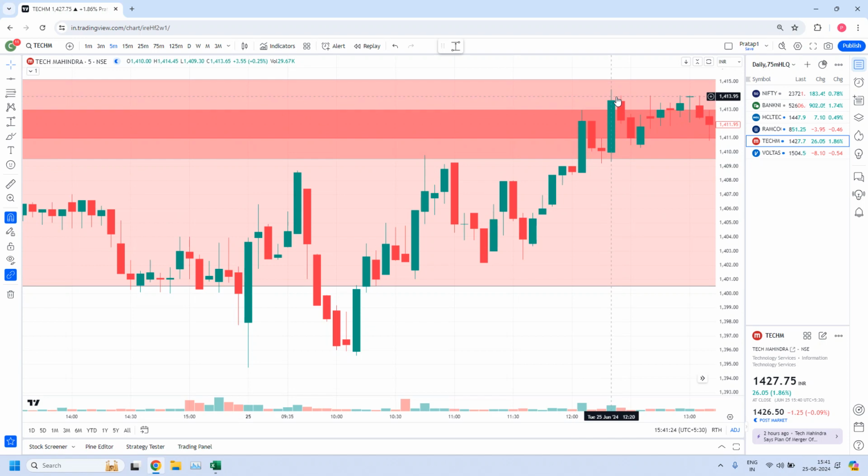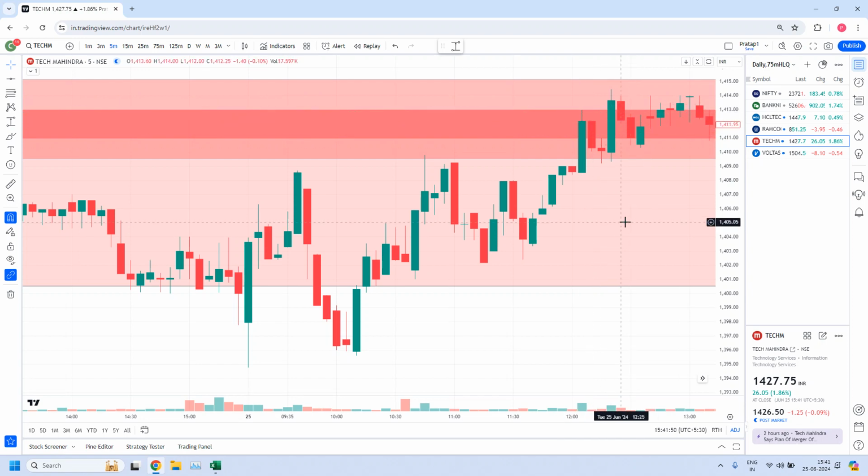Mainly the reason why the zone is violated is that today's demand is very strong. See how institutions created rally, base, rally. They wanted to violate it, but because the order flow is very strong, it couldn't be violated and prices again came down. Once again institutions created drop base rally, and they finally violated it, because earlier it reached near the distal line. So the second time the zone is violated.